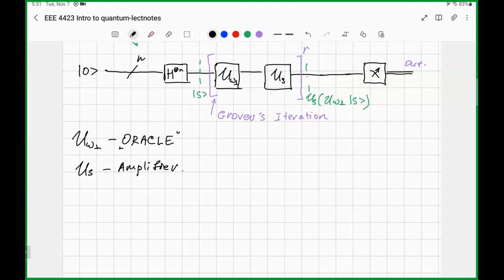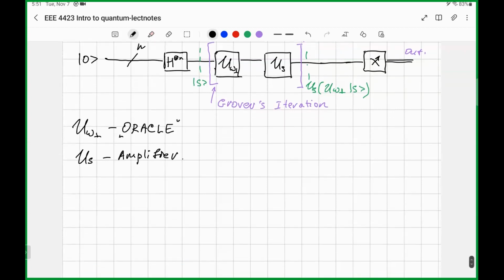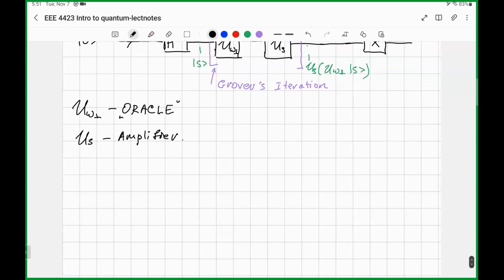So this omega state is one of the states x.